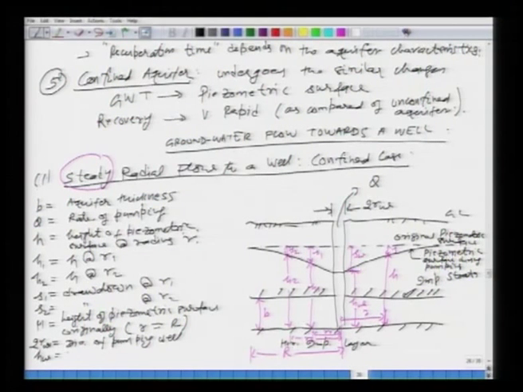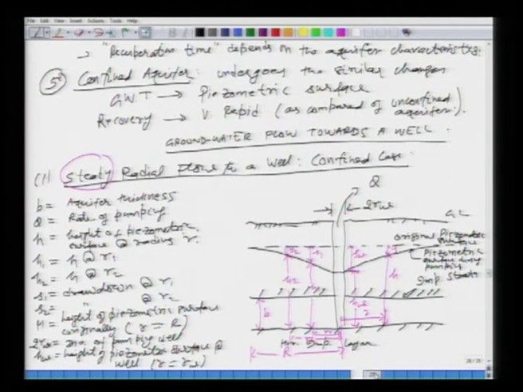HW is the height of the piezometric surface, okay, in the well or at the well, that is R is equal to RW, all right.